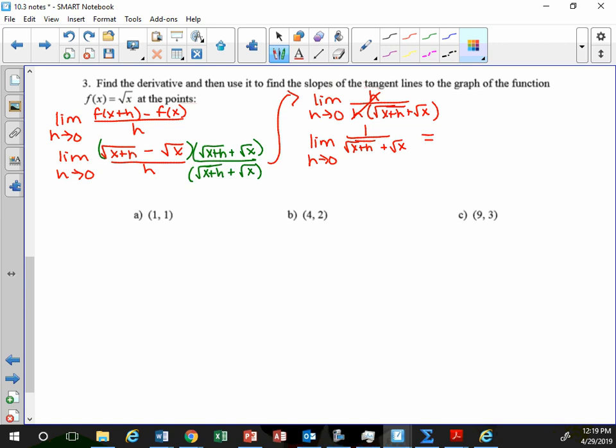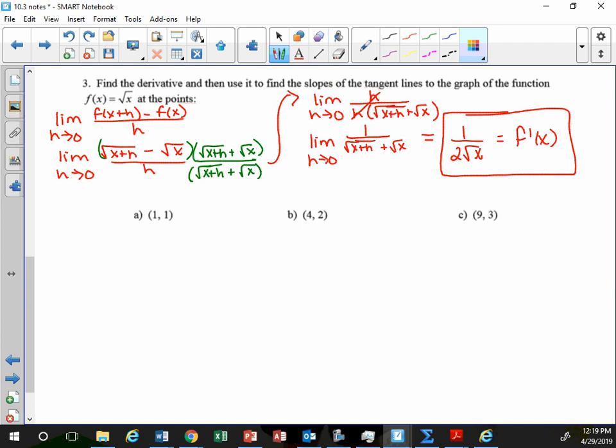There is no h in your answer. So 1 over 2 root x? Yes, okay. All right, guys, that is f prime of x. That's the derivative of f of x, yes.